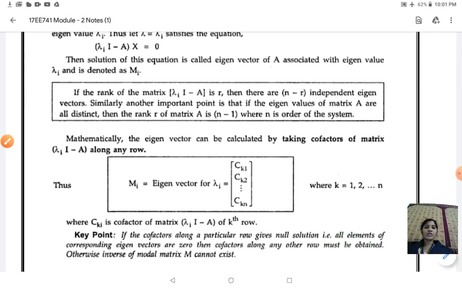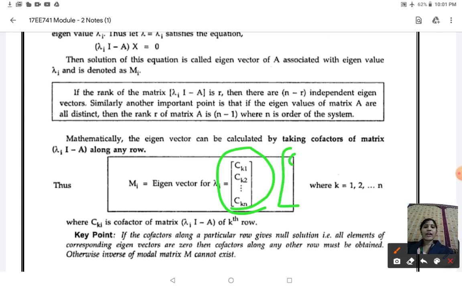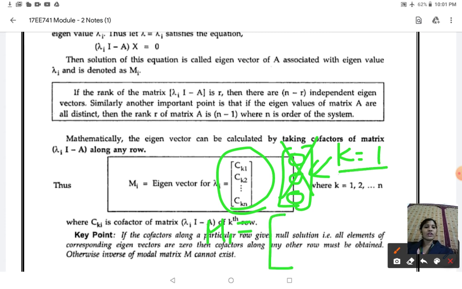Now, after identifying the eigenvector, if you are having the matrix as 0, 0, 0 for k equal to 1, then this is not a valid vector. So you need to identify M1 for other values of k. It means that before, when you used k equal to 1, if you get 0, 0, 0, here you have to use C21, C22, C23, and identify your modal vector.